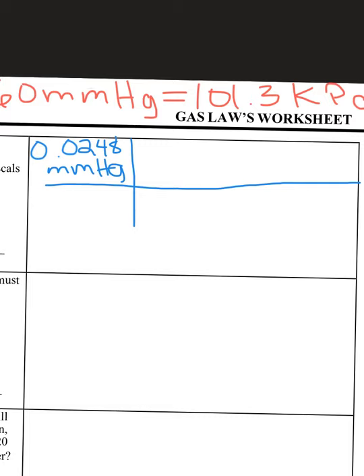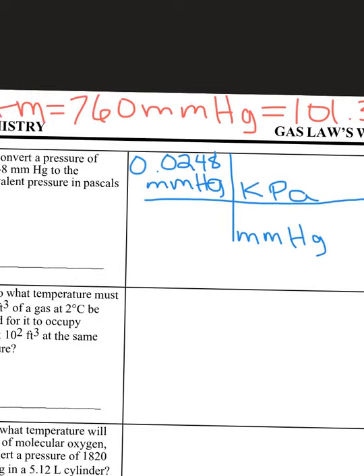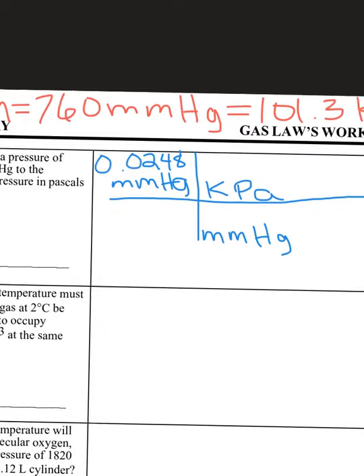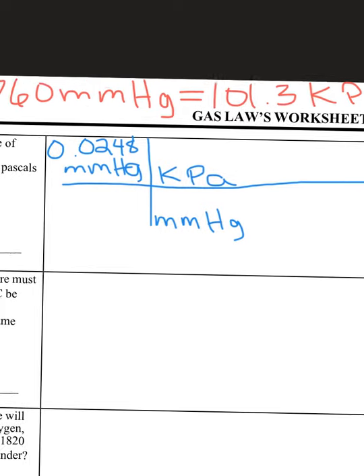Remember, if millimeters mercury is on the top in our first step, it's going to go on the bottom in the second step, and then kilopascals will go on top. So look at your conversions that I wrote down. 760 millimeters mercury is equal to 101.3 kilopascals.